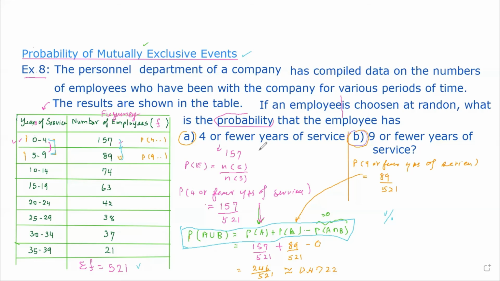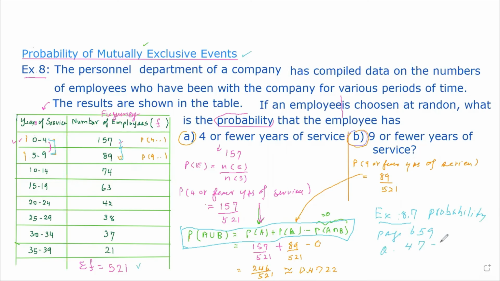You can try the same exercise: go to exercise 8.7, probability, on page 659.